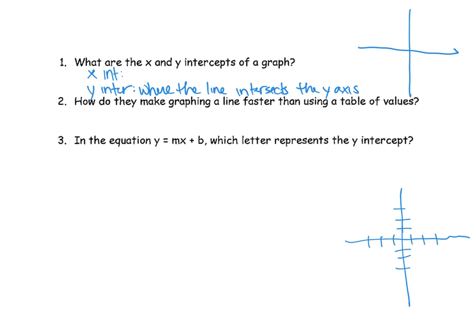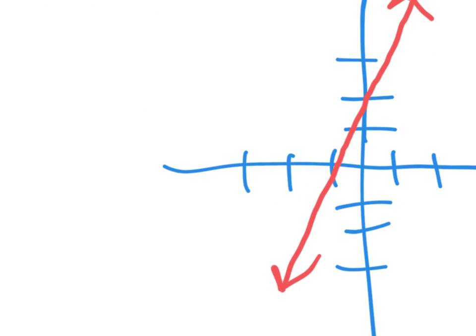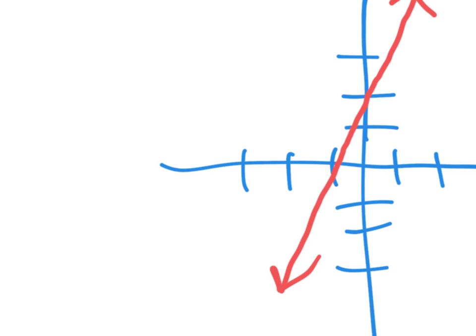So what I'm going to do is I'm going to make a red line, and I want you to tell me where it intersects the x-axis and where it intersects the y-axis. There's my red line. Here, let's make your life easier. Where does my red line intersect the x-axis? What number?